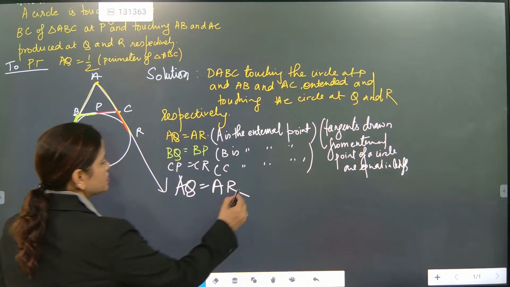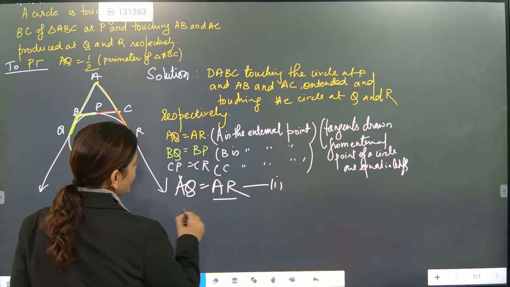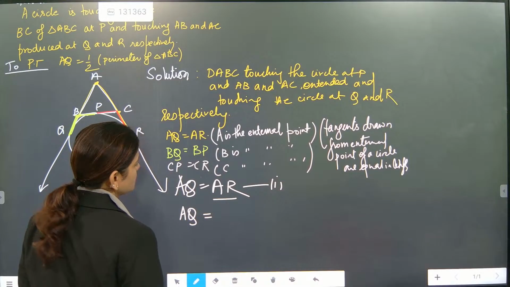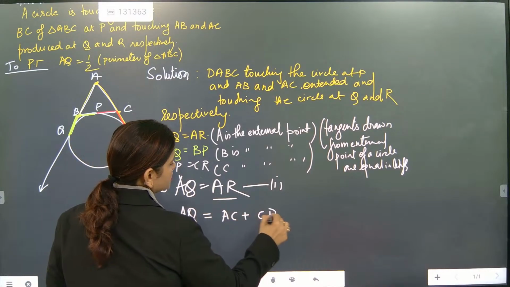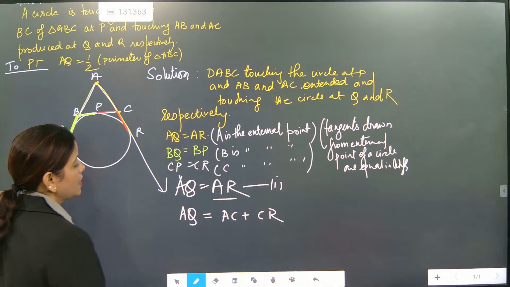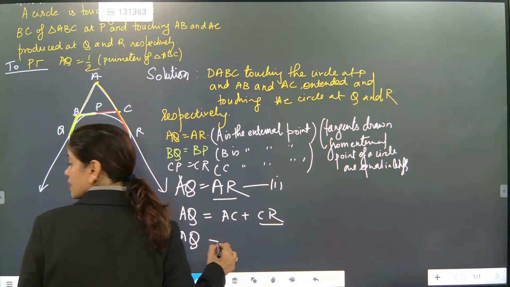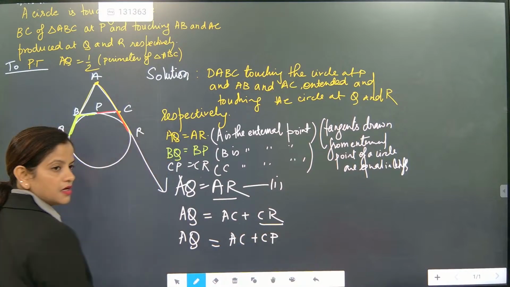See, AQ, this is equation 1 given, correct? Now, instead of AR, what can we write? AR can be written as AC plus CR. Instead of CR, what can we write? AQ is equal to AC plus CP. Done.